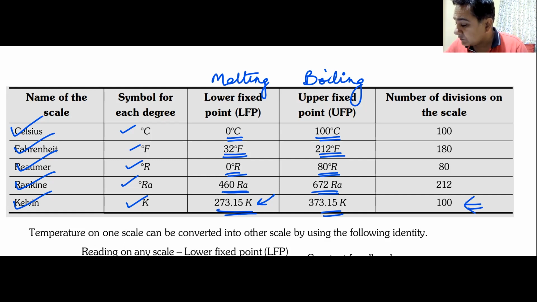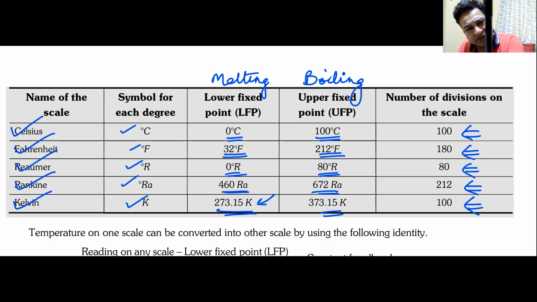Now they have the difference between the 2 temperatures. In Celsius, 100. So what do we do? This is my first thermometer, filled with mercury. I mark 2 points, 0 and 100, the freezing point of water and the boiling point of water.